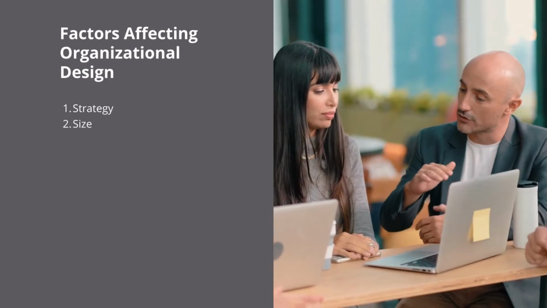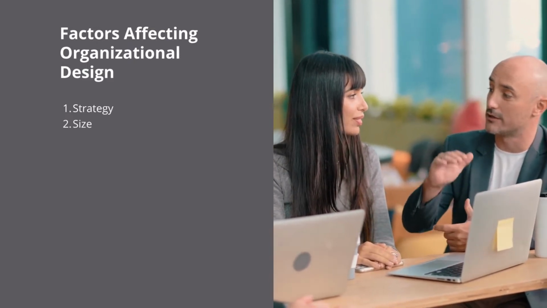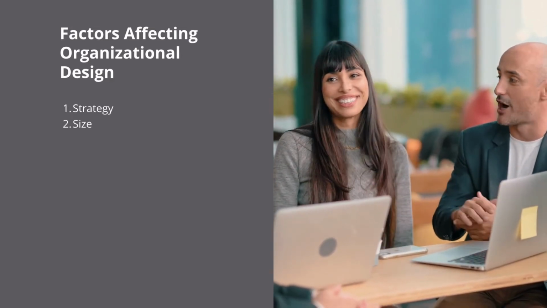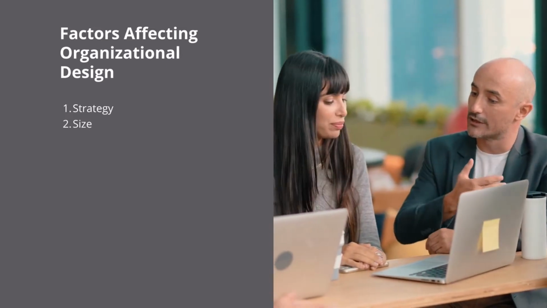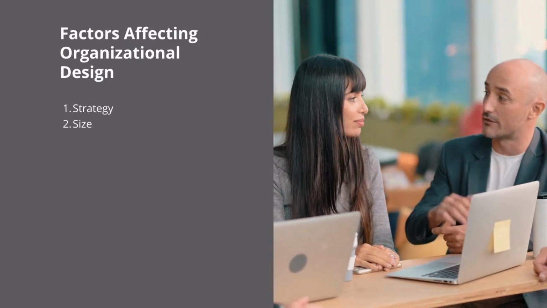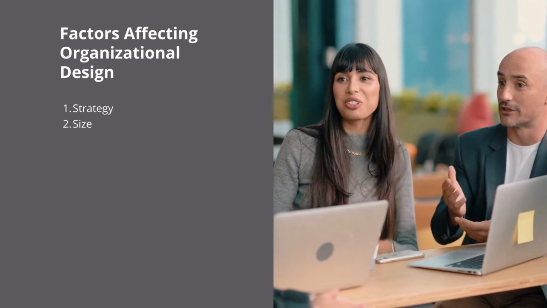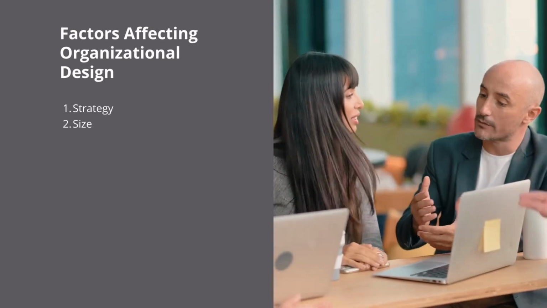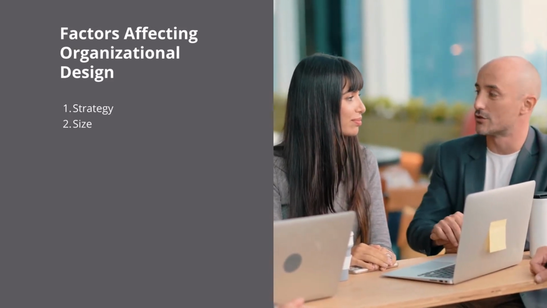Number two, size. One of the main contingency variables that affects organizational design is size. The size contingency refers to the total number of workers who need to be organized. When choosing the ideal organizational structure, it is essential to take into account the size and operational scope of a business.